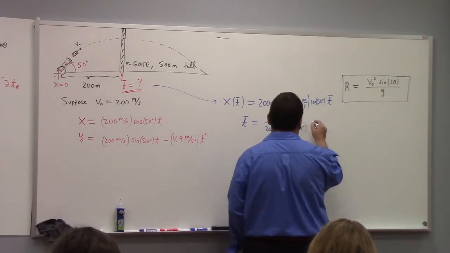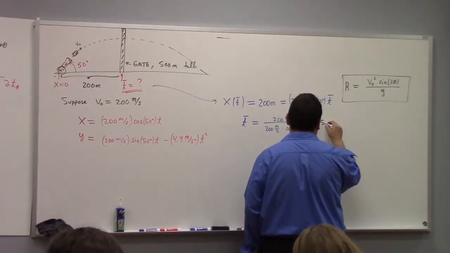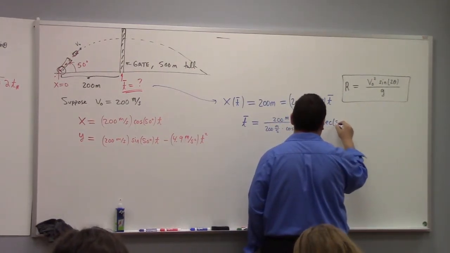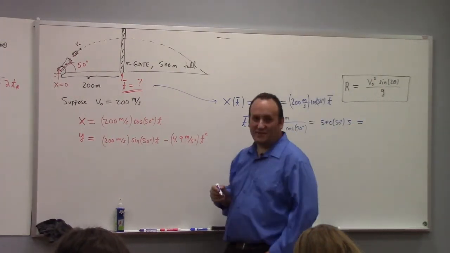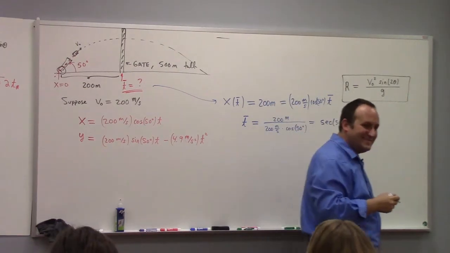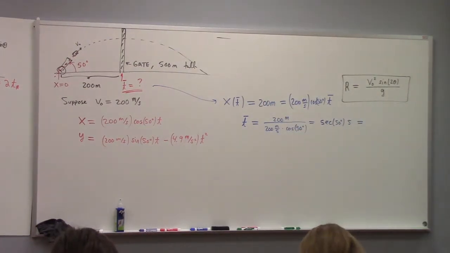Here's some trigonometry for you. This is the secant of 50 degrees times the second. Now, I don't know if that's really helpful. Do you have a secant button on your calculator? Oh, you do? Oh, good. I don't know if I have a secant button on my calculator. I've definitely got a cosine button on my calculator, just sitting there looking at me.